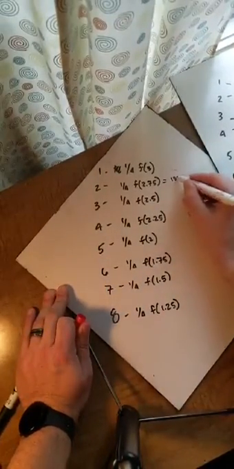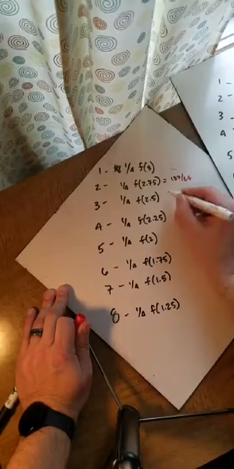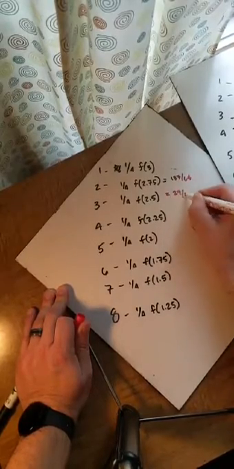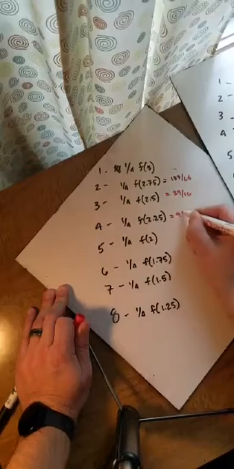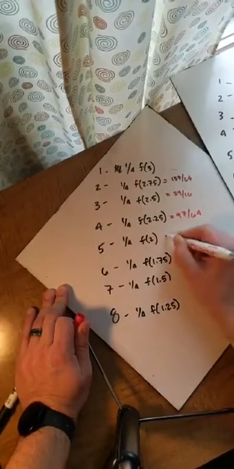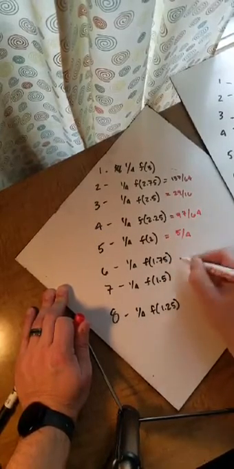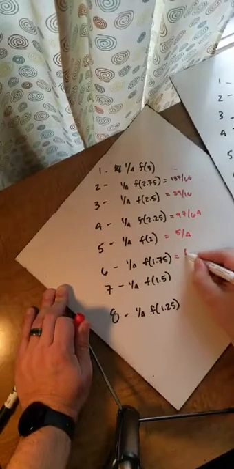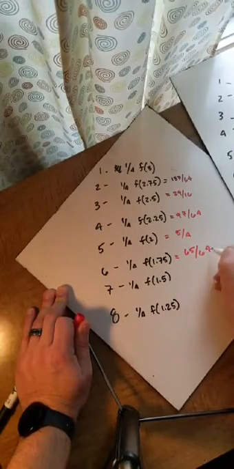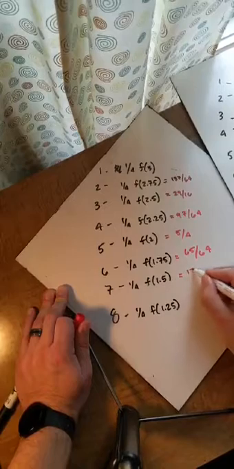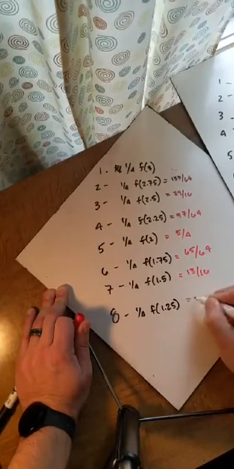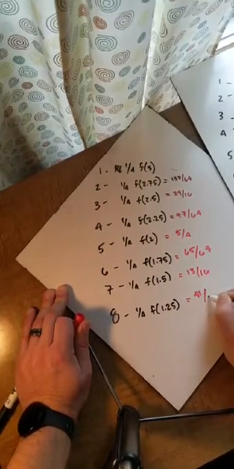So 137 over 64, 29 over 16, 97 over 64, 5 over 4, 65 over 64, 13 over 16, and 41 over 64.